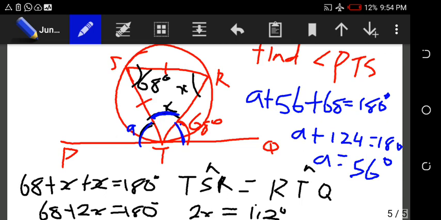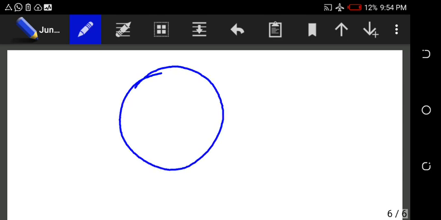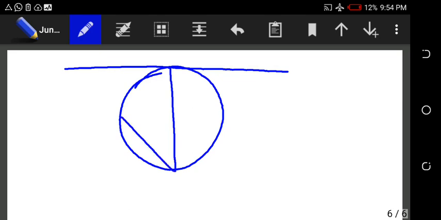Let's also try to look at another example. Okay, let me go ahead and make the drawing. That's 58 degrees there.